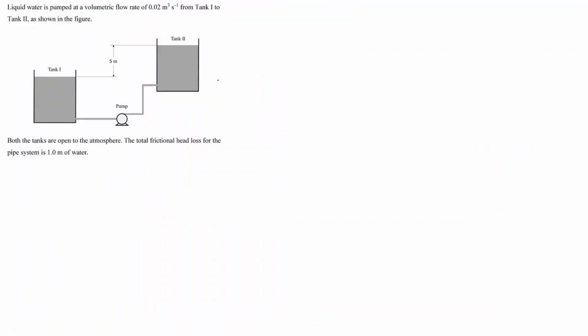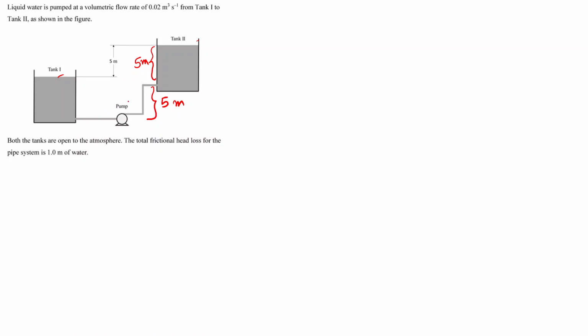So let us consider this system in which we have two identical tanks, tank 1 and tank 2. Tank 2 is filled up to this 5 meter, and similarly this height will also be 5 meter, considering both these tanks are identical.